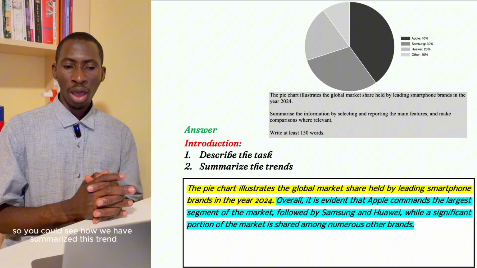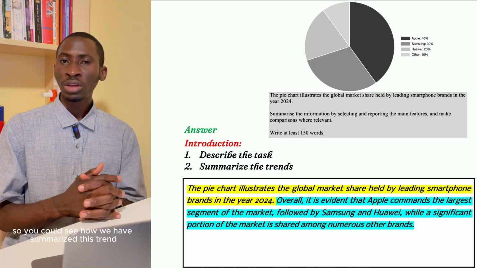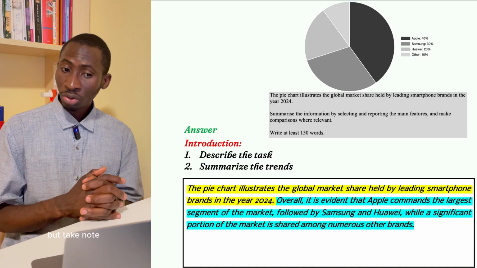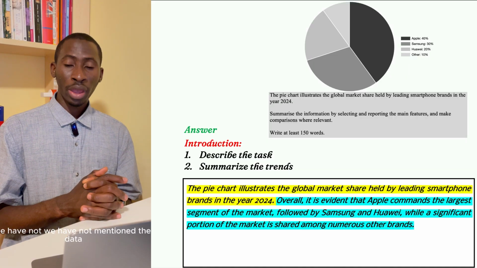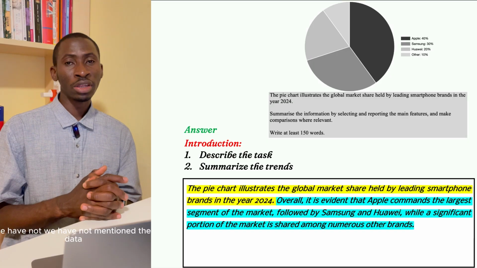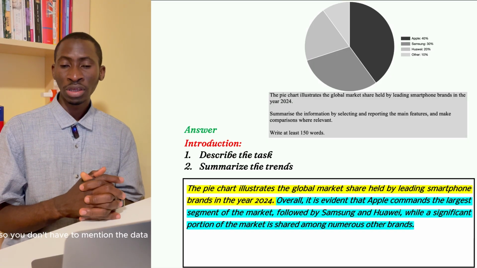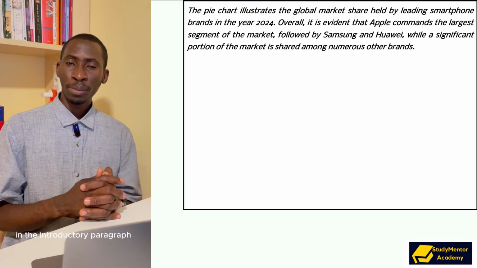So you could see how we have summarized this trend, but take note, we have not mentioned the data. So you don't have to mention the data in the introductory paragraph.